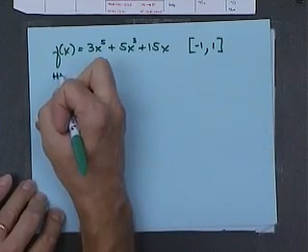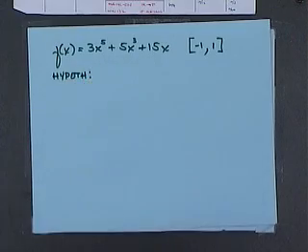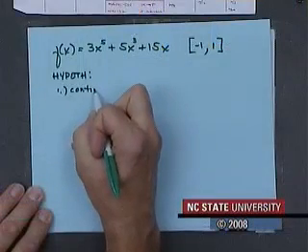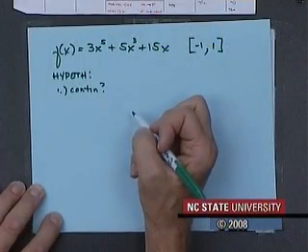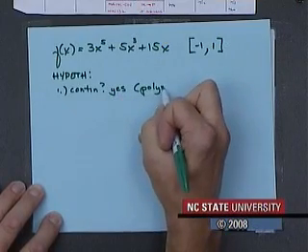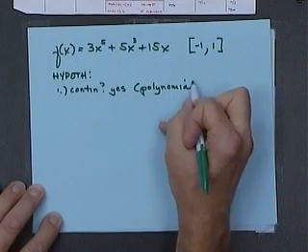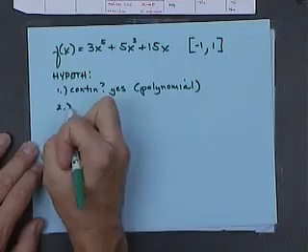So, hypotheses. Before we search for this number, we really need to know that the search is going to get us somewhere. Continuous? Yep. Why is this continuous? What would suffice as a reason? Polynomial. All polynomials are continuous. They're also smooth, in the sense that they don't have any abrupt changes in direction.